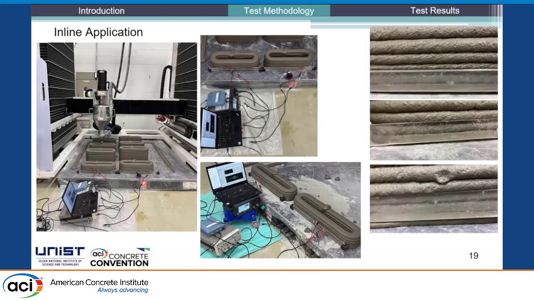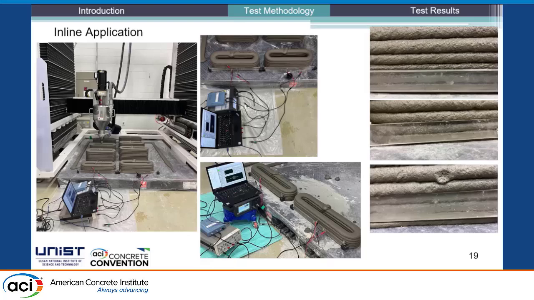And finally, I would like to say a little bit about the inline application of our test setup. You can see the waveguide attached at the lower layers of the printed concrete, and then we monitor the signals, which I explained earlier, until 2 hours, and we can see the bonding between the acrylic and the cement materials.